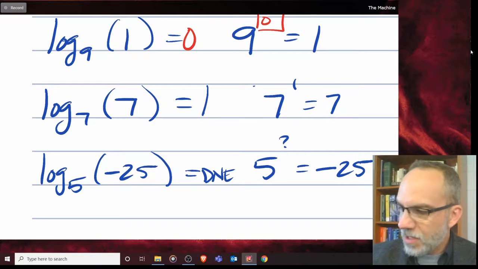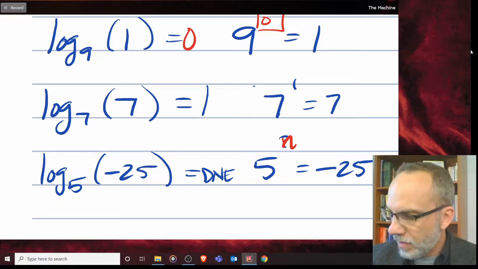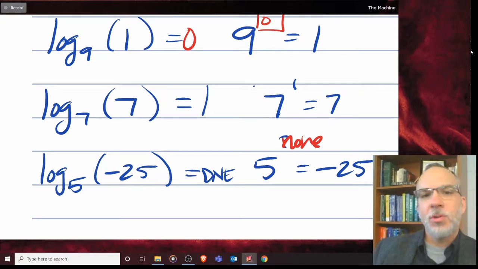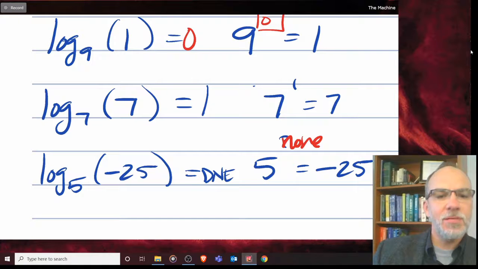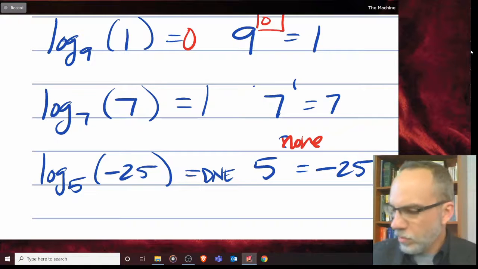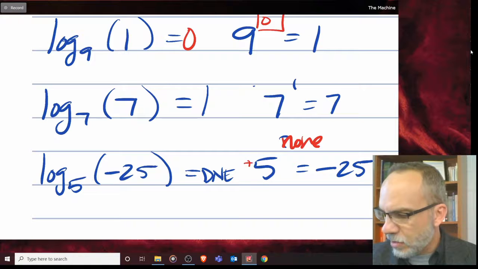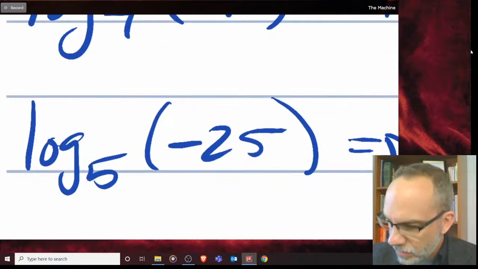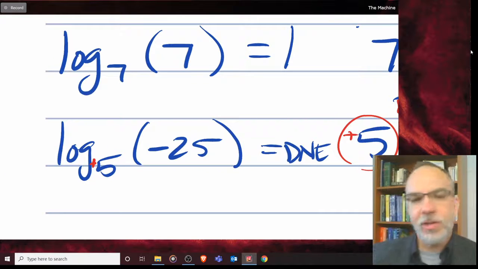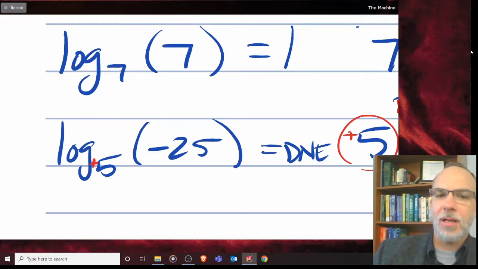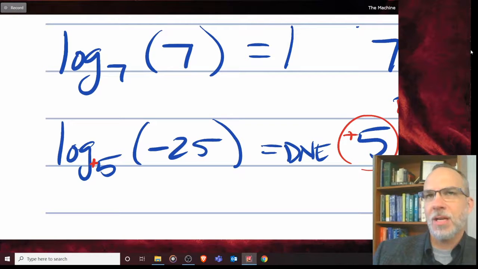There is no exponent up here, none. There is no exponent you can put on positive 5 that makes it a negative 25. And that's one of the rules of logarithms that I haven't mentioned yet: your base has to be positive. So it's always a positive down here. You're never going to have a negative base, not allowed. That creates problems that make it impossible to do logarithms.